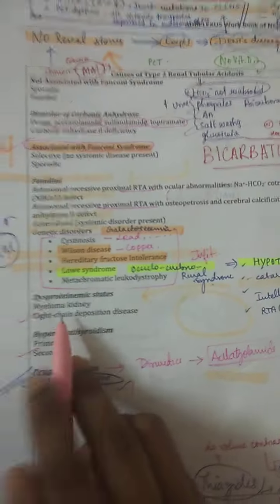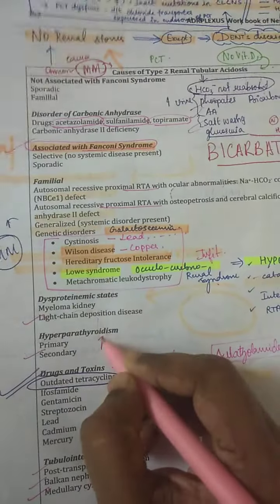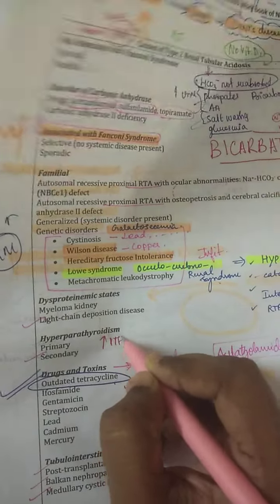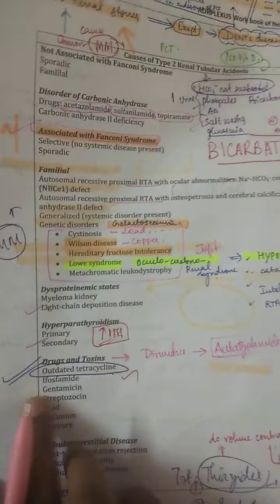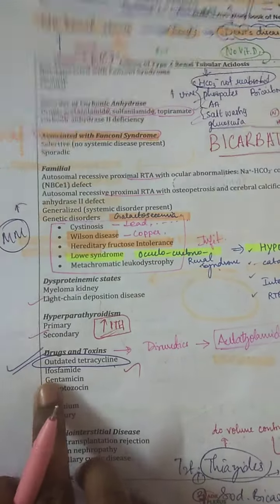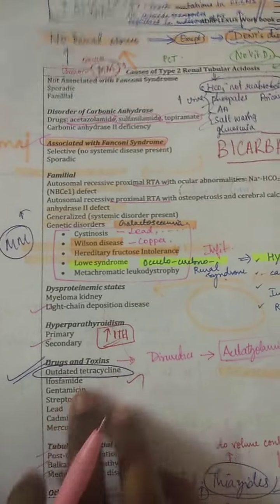He'll have cataract, glaucoma, hypotonia, etc. Multiple myeloma can also be there. Hyperparathyroidism, increased PTH, and also outdated tetracycline. There we use amphotericin B, here tetracycline, gentamicin, and all that, and also other tubulointerstitial diseases.